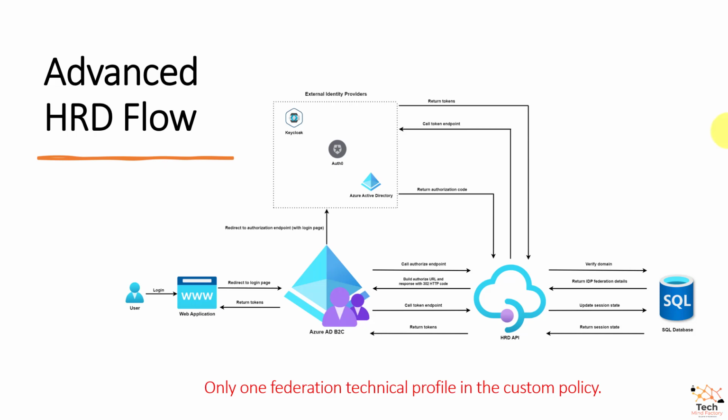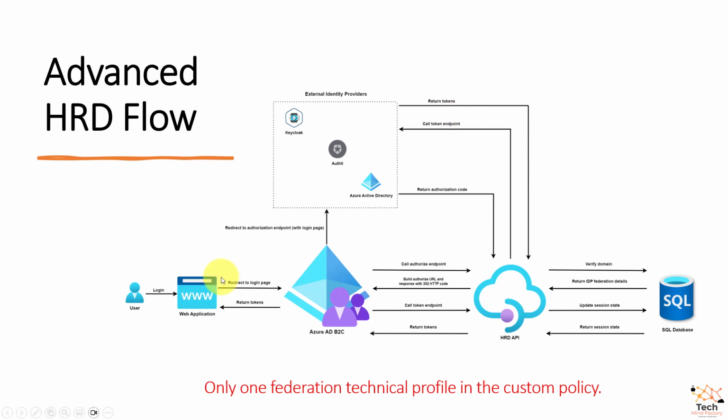Instead of having multiple profiles called based on the IDP information returned from the HRD API, we will have only one technical profile, which will call the HRD API, and then the HRD API will handle the whole exchange we discussed a minute before.